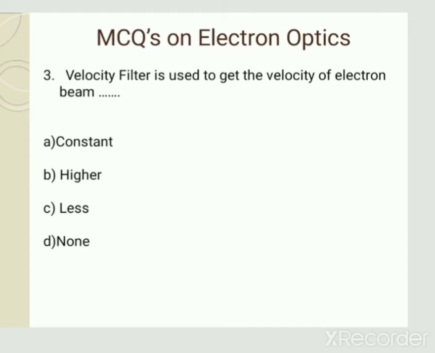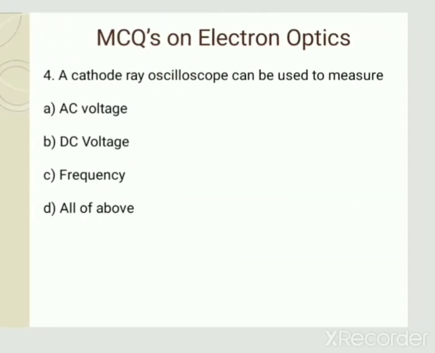Velocity filter filters all the unwanted velocities, higher or lower. It moves the electron in undeviated path with constant velocity v, which equals electric field to magnetic field, v = E/B. So the correct answer of this question is option A, that is constant.